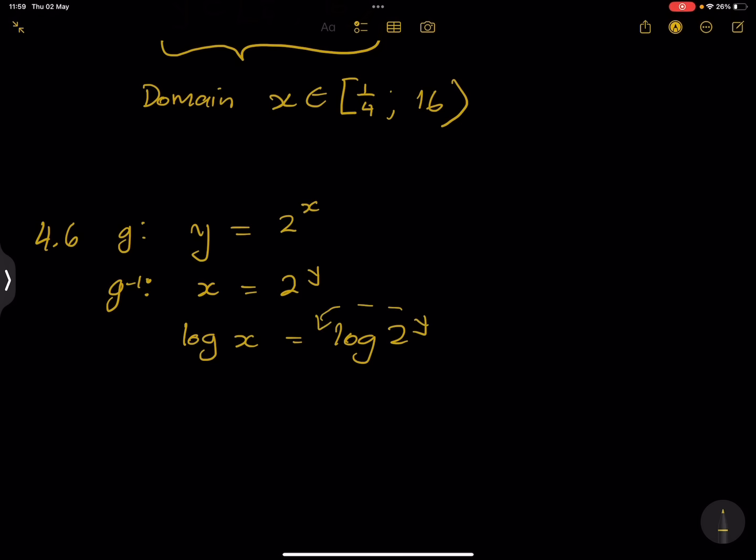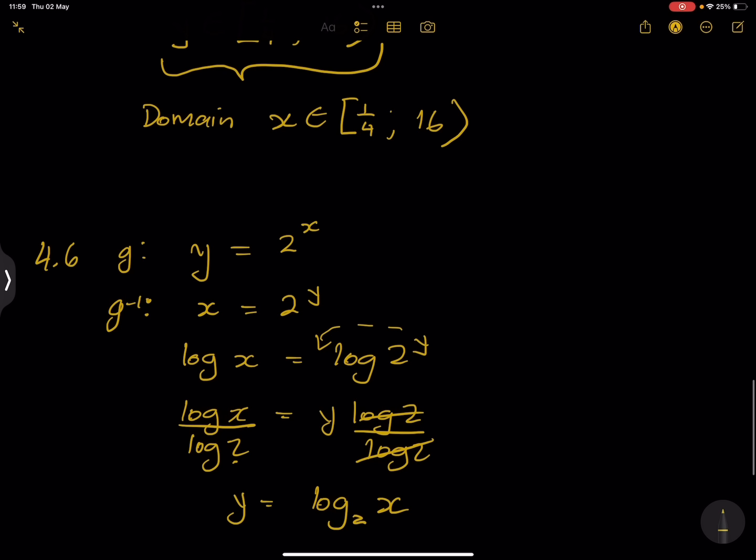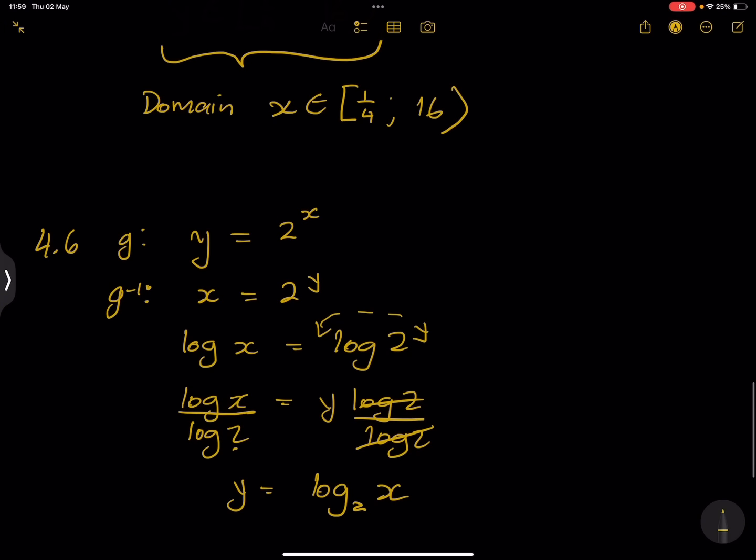Remember the jump down rule. So that would be log x is equal to y log 2. And if we divide by log 2 on both sides, that becomes simply y is equal to log base 2 of x. So that's how you write it. I'm just showing it to you, but you didn't necessarily need to show it, just write the equation. All right, ladies and gents, that is how the cookie crumbles.